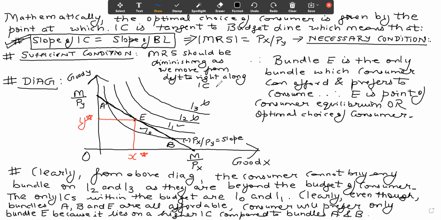And you can see from the properties of indifference curves which we had done, you all can recall that as we move from left to right along an indifference curve, MRS is diminishing.